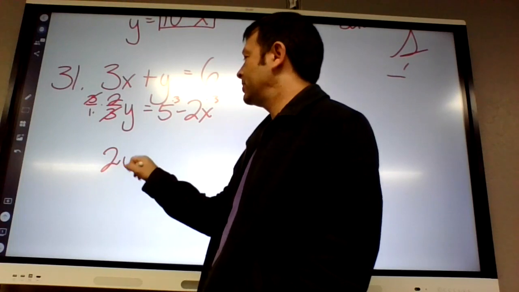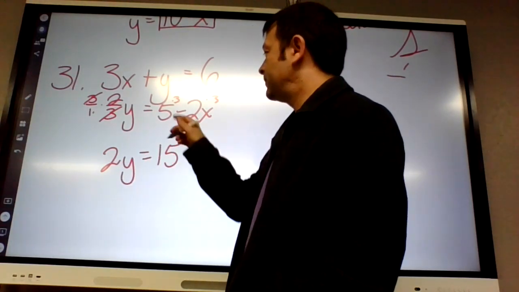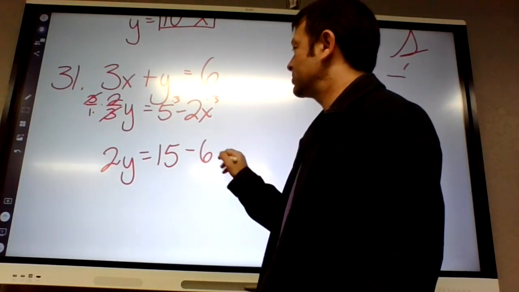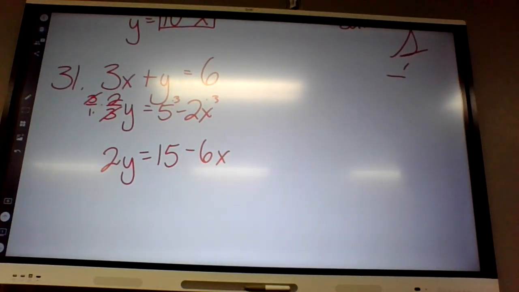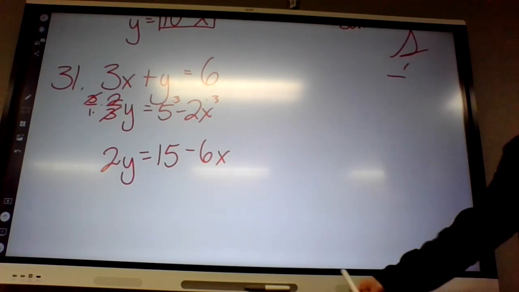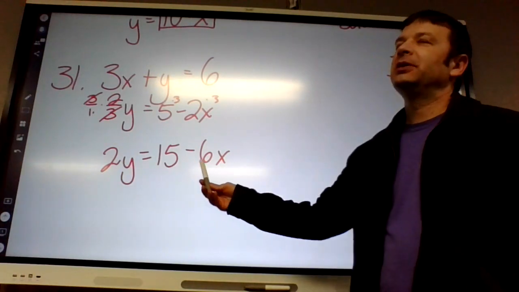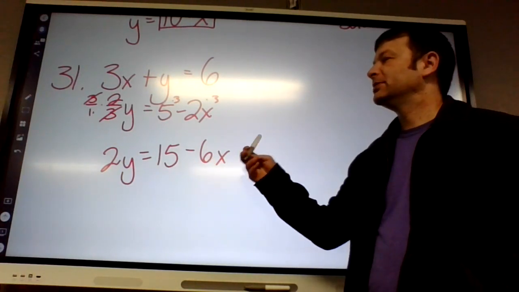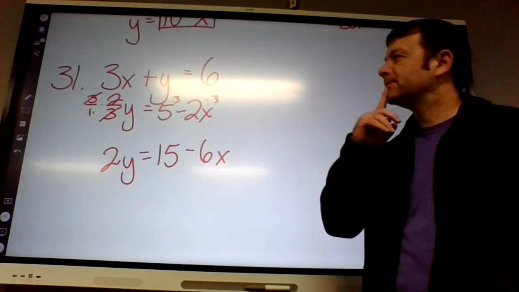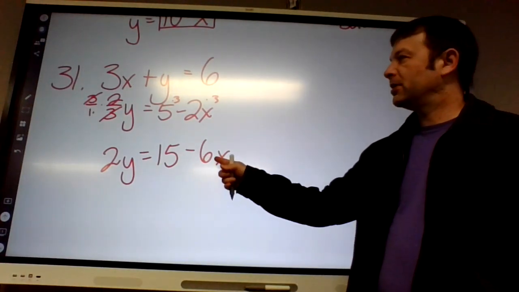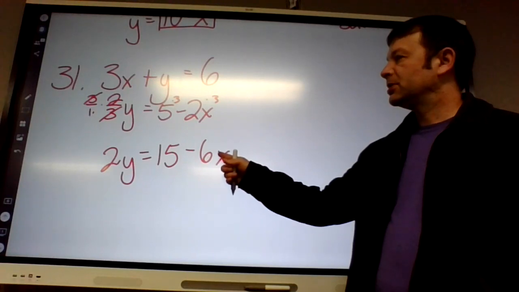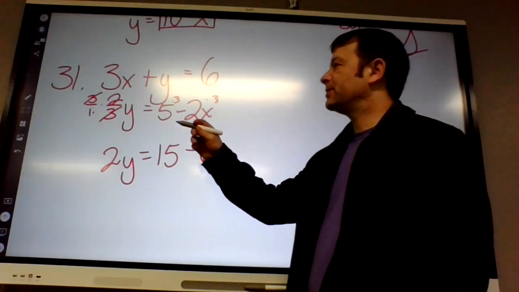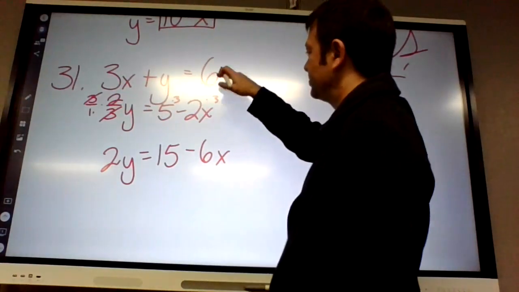So 2y equals 15 minus 6x. Now I got rid of the fraction, but if we divide by 2, we get a fraction. You could do that, it's fine. No fractions. Okay, let's subtract 3x on the top.